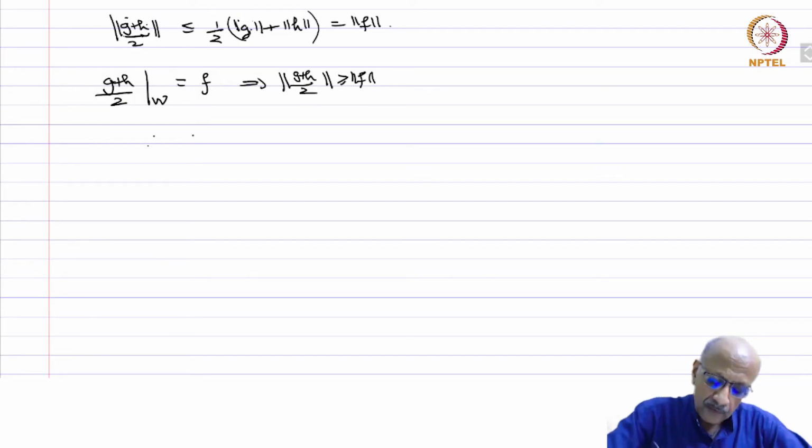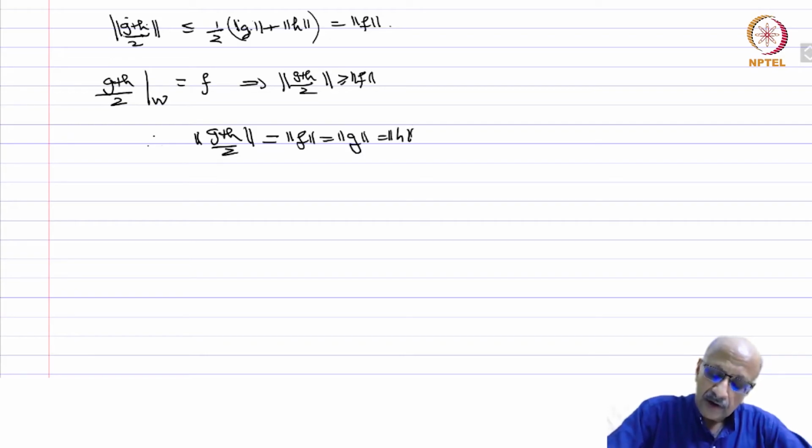So norm of (G plus H) by 2 is equal to norm F, which is equal to norm G equals norm H, and that contradicts the fact that V star is strictly convex. Therefore the Hahn-Banach extension is unique.